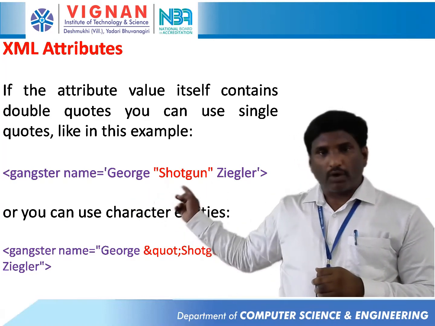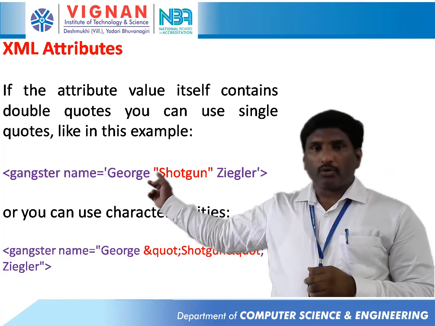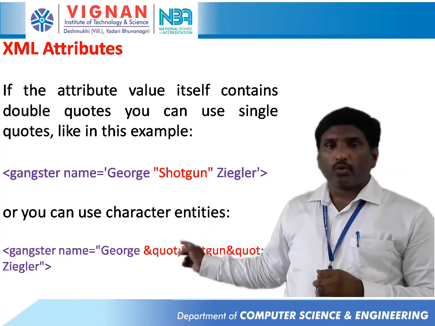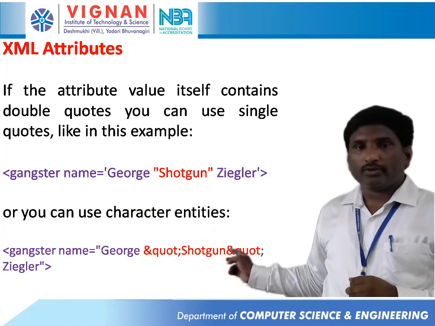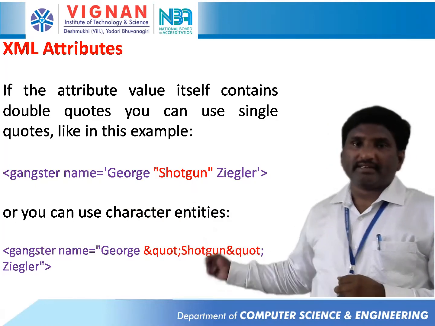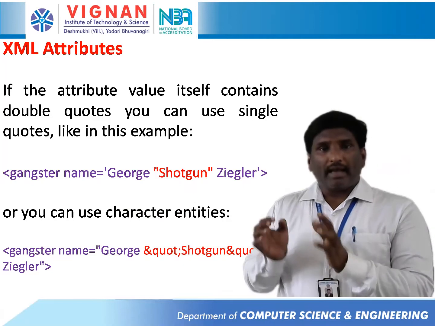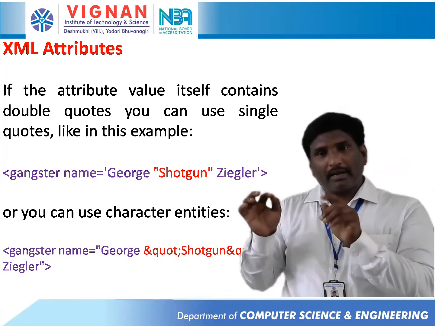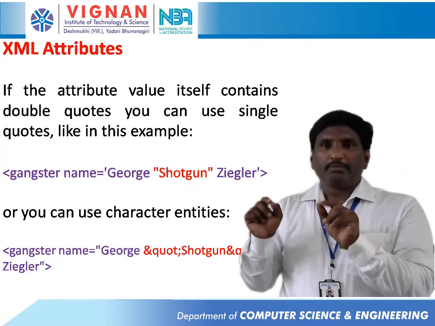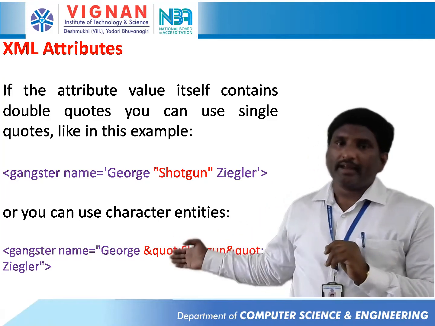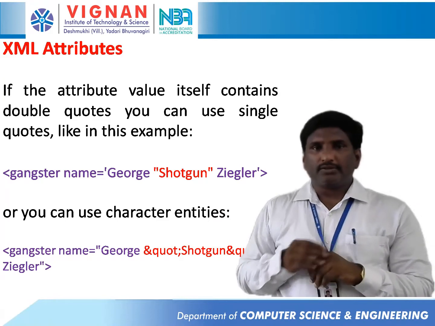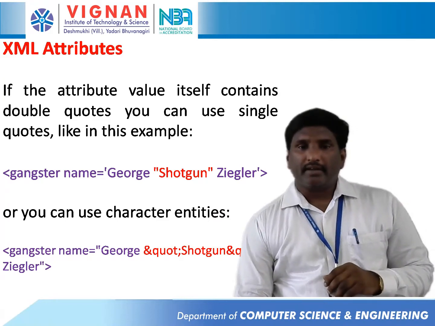Instead of writing the double quote, you should write ampersand quot semicolon, then the remaining text, again ampersand quot semicolon. So if we have quotes in the XML attribute value, instead of writing the quotes, you should write the corresponding entity references.